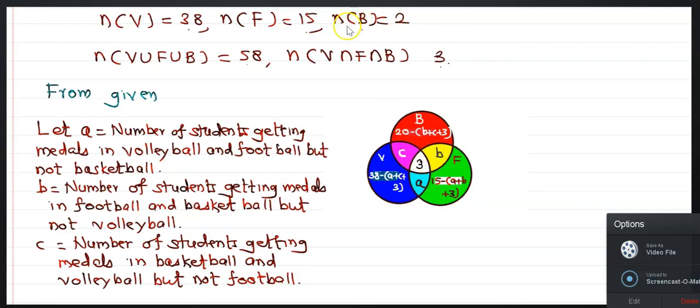And the number of students who got the medal in basketball is 20, so only basketball is 20 minus (B plus C plus 3).